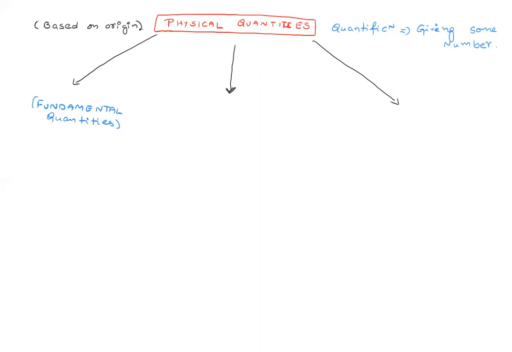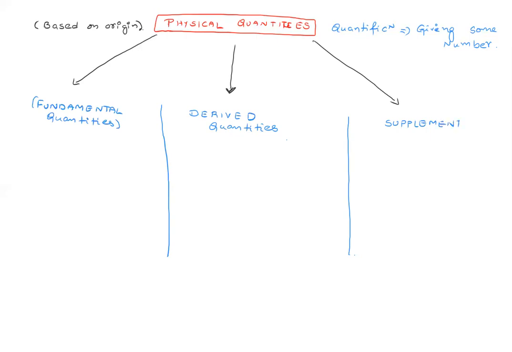The second type in this classification is derived quantities. Based on the origin, you have two types of quantities: one is fundamental quantities and the other is derived quantities. Derived quantities usually come from fundamental quantities, and the next type is supplementary quantities.